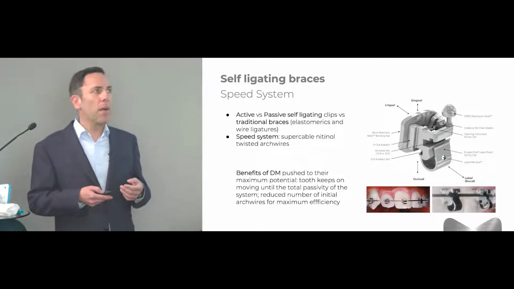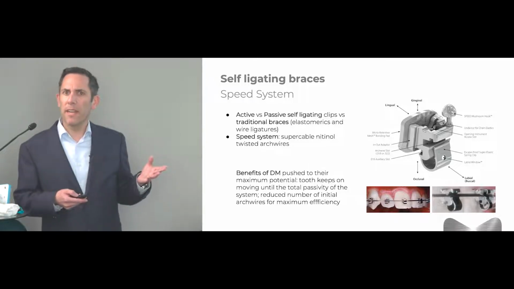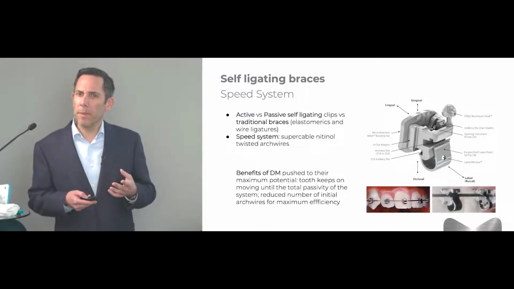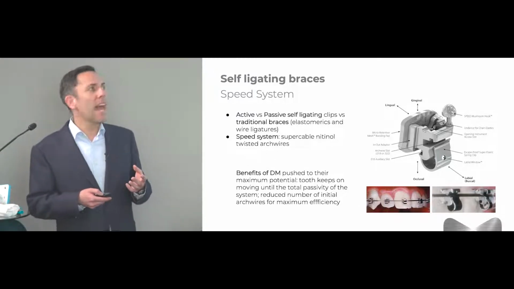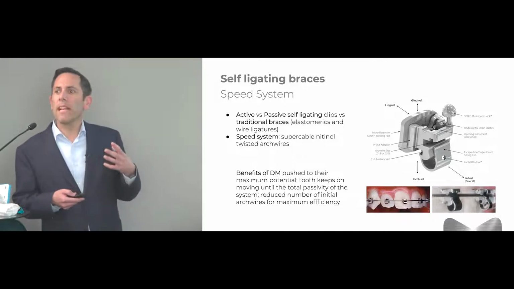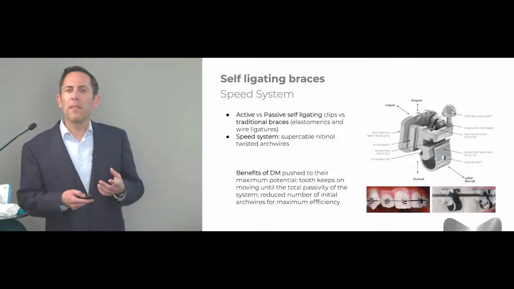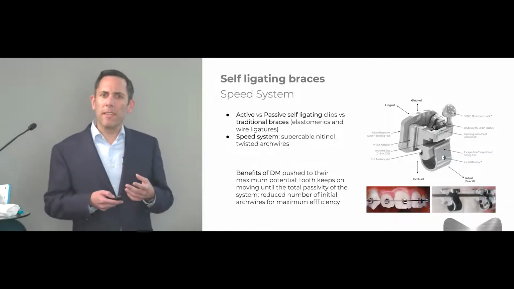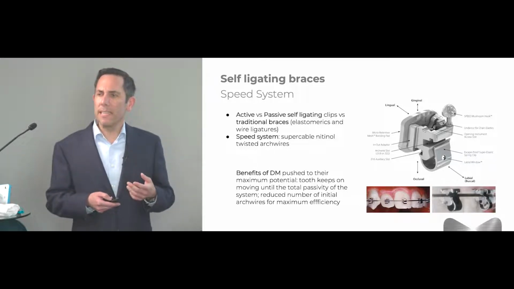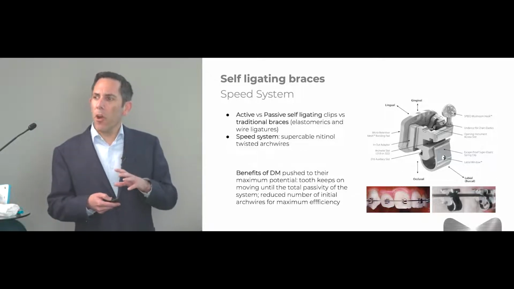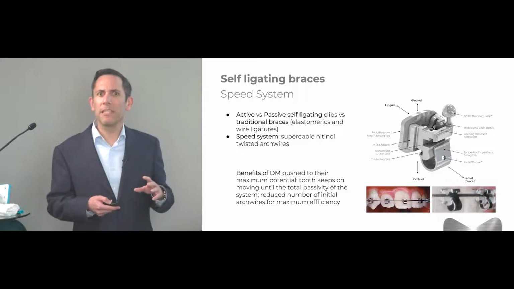But the reason why I wanted to show this slide to you here is that the Speed system is a nickel titanium clip, and that's whereby the system is an active system, and the initial leveling arch wires are twisted nitinol arch wires, so very, very low forces, very long duration, very biological, and so on.